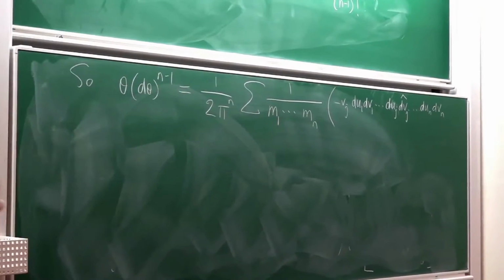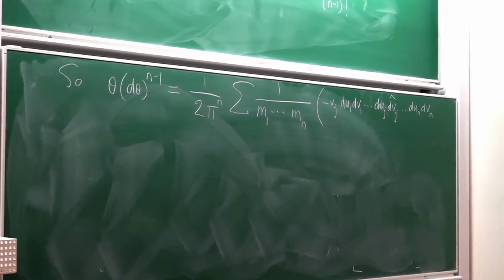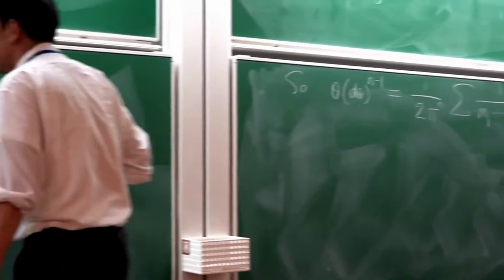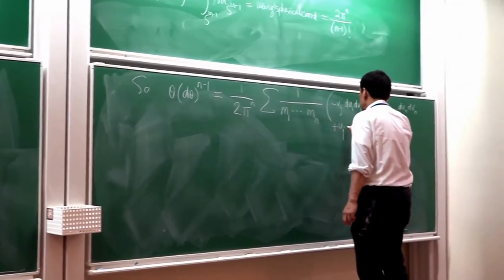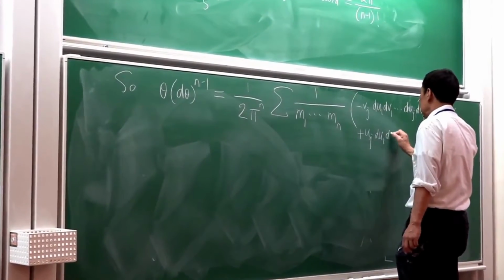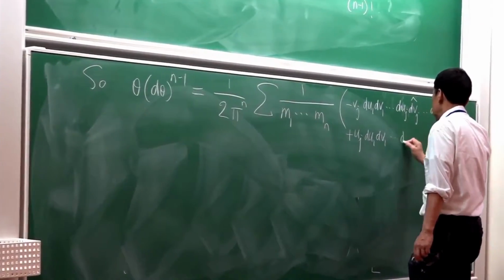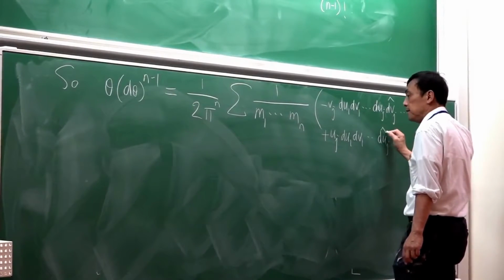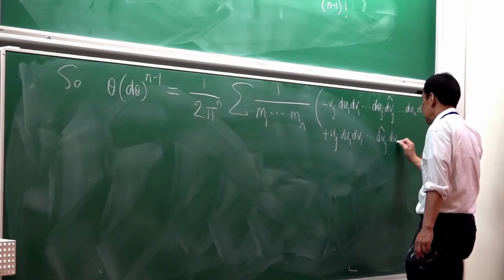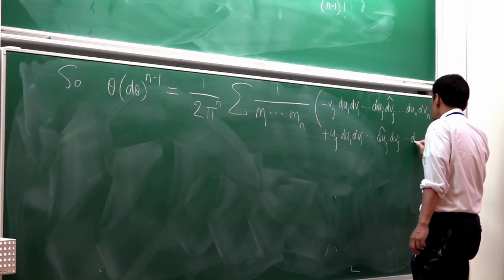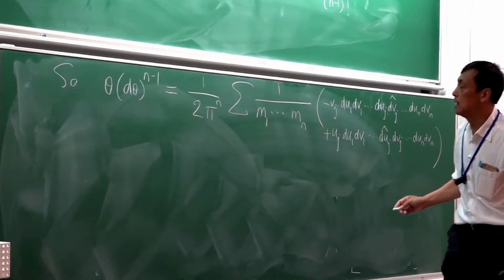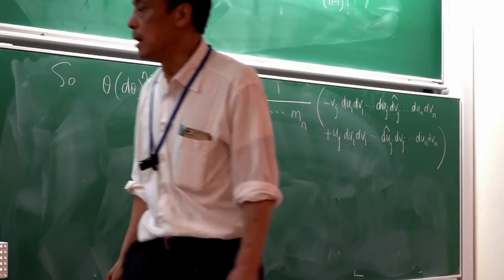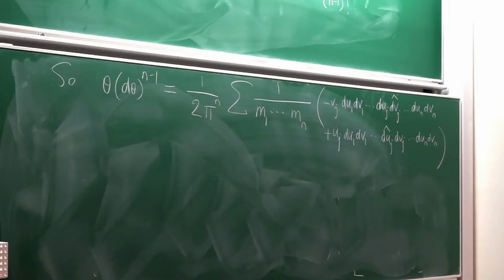That comes from this times this, and then this times this will give me plus uj du1 dv1, duj missing, dvj, dun dvn. Okay? And then I still have this n minus 1 factorial.